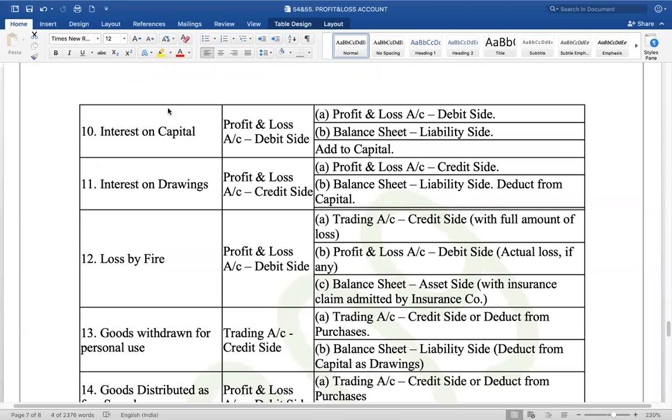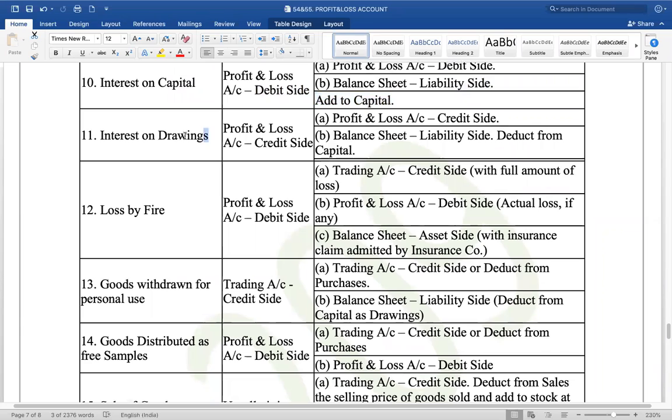Okay. Now, interest on capital. If it is given in the trial balance, it's a debit to profit and loss account. But if it is given as additional information, debit to profit and loss account, and also take it on the liability side as an addition to the capital. Next, interest on drawings.